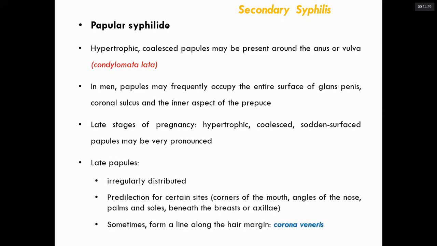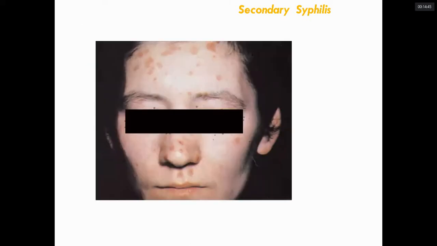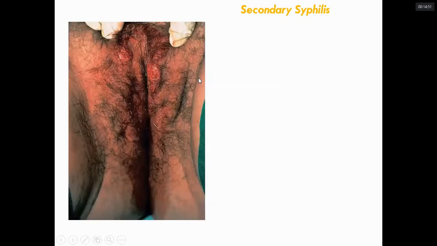And the late papules are irregularly distributed and they have a predilection for certain sites like the corner of the mouth, angle of the nose, palms, soles, and beneath the breast or axilla. And sometimes these papules are seen along the line of the hair margin, which is called corona veneris. As you can see, the lesions along the line of hair margin are called corona veneris.